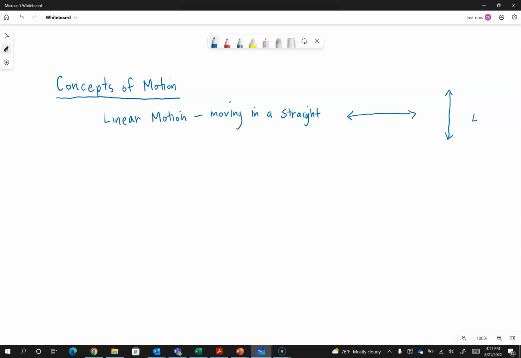That motion could be along an incline, say skateboarding down a hill, or a child sliding down a straight slide. The reason we're going to start with straight line motion, which we call linear motion, is just to start on the easier end of things.